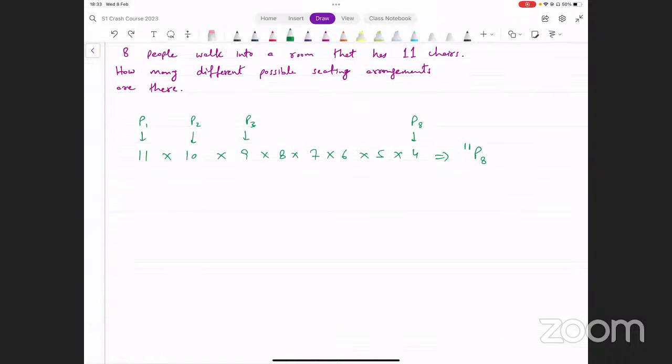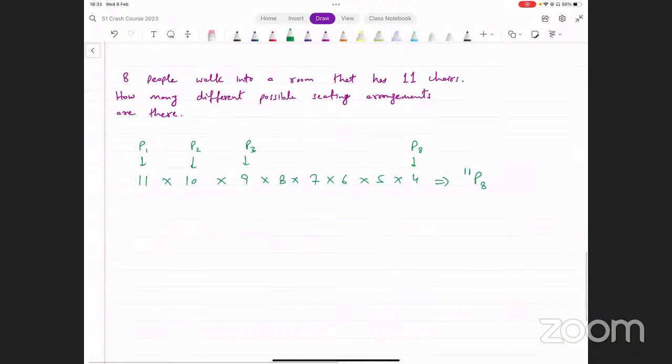Now, how do we decide what we are going to use in such examples? Let me summarize what we have done. What you can remember is whatever is the larger number and whatever is the smaller number.